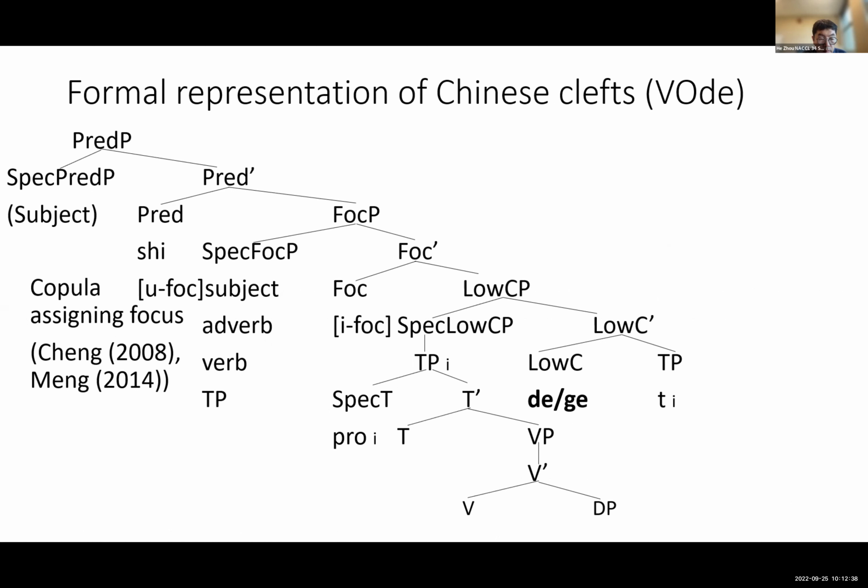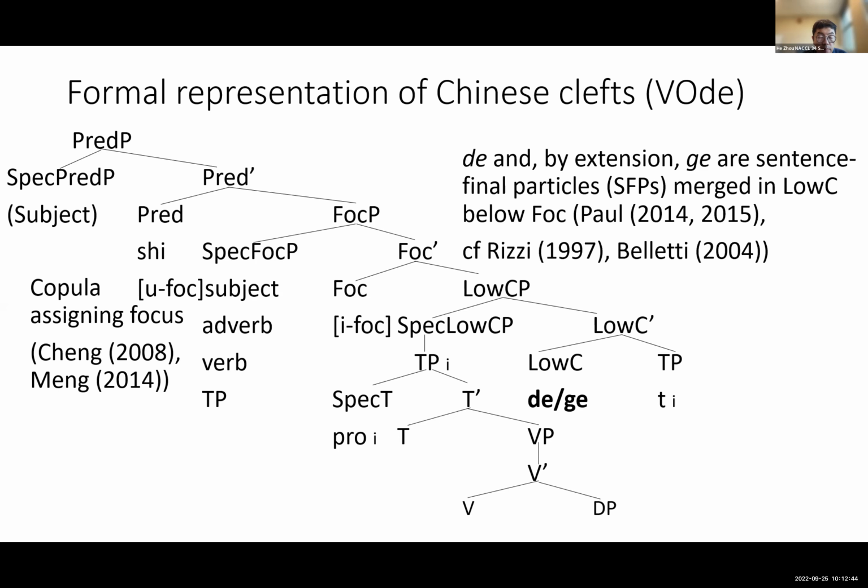So this assigns focus to its complement clause. It's essentially a low C clause, and it's headed by the de. It's a low C element because in the left periphery it comes below focus, as has been shown. So it's a low C element, and above it there is some focus.